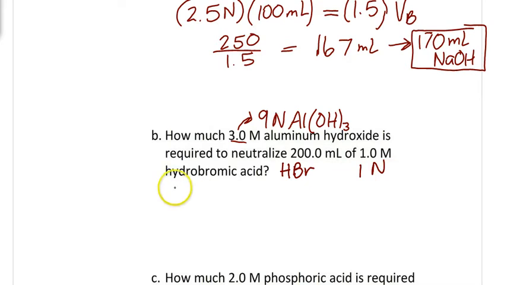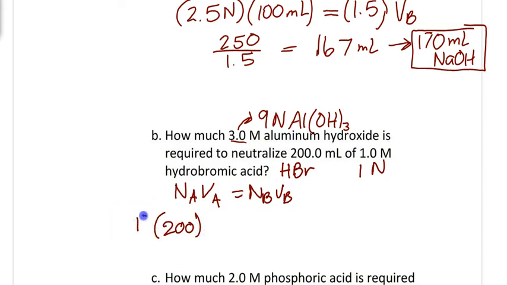Okay, still using the equation, Na times Va equals Nb times Vb. Our acid we have 200 milliliters of, and its normality is 1. That's going to equal the normality of our base, which was 9, times the volume of the base, which we're solving for.